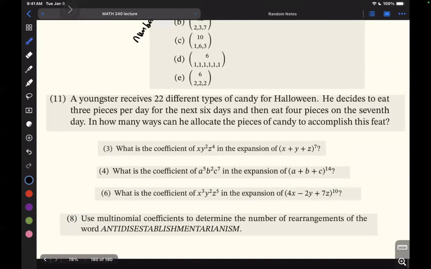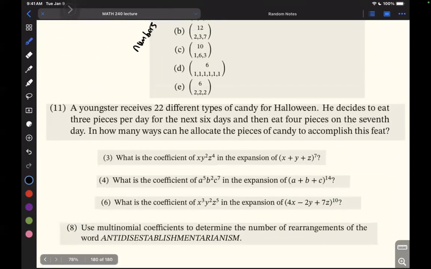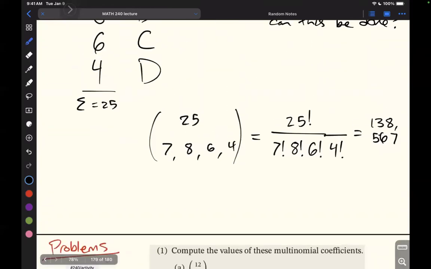In other cases, I do. So if you write it like this and show me the factorials, 25 factorial over all of these, then we're good. You don't need to multiply all that out, especially because with factorials, things can get really big really quickly.